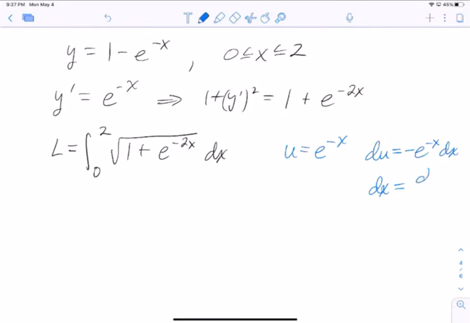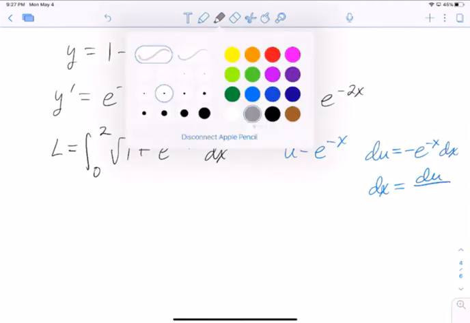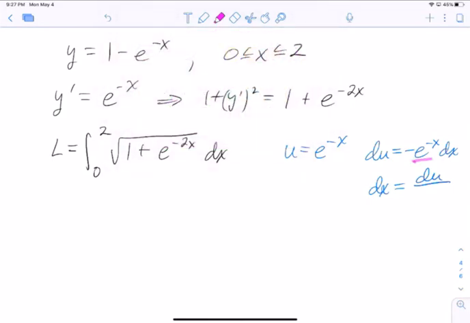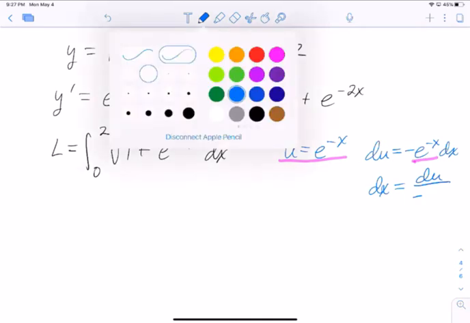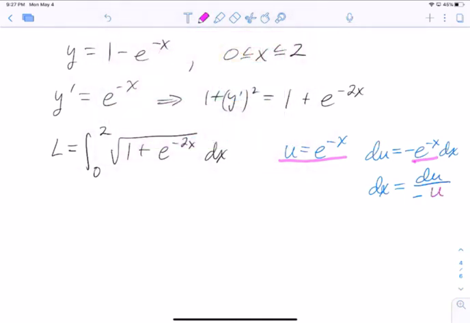Dividing still means I'm going to have du in the numerator. But then if I divide by negative e to the negative x, well, e to the negative x is the same thing as u. So in fact, what I'm going to do is divide by negative u. You see, on the side where I have an x, e to the negative x is e to the negative x.